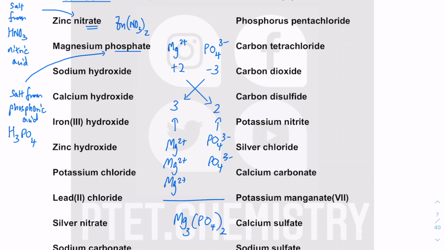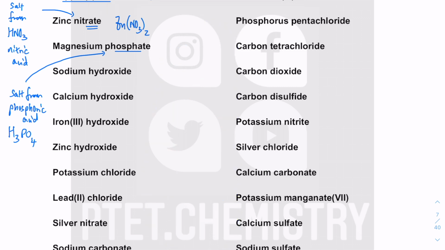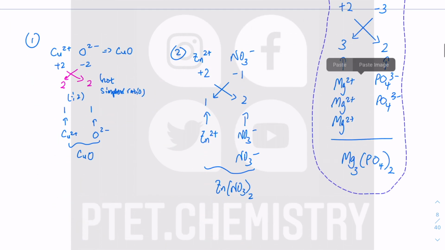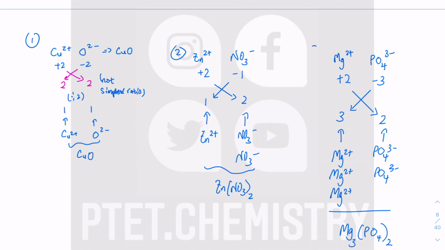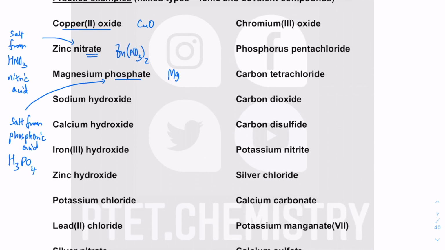When you do this cross multiply, that is essentially what you are doing. Okay, so Mg3(PO4)2. I just pass it here. So Mg3(PO4)2.